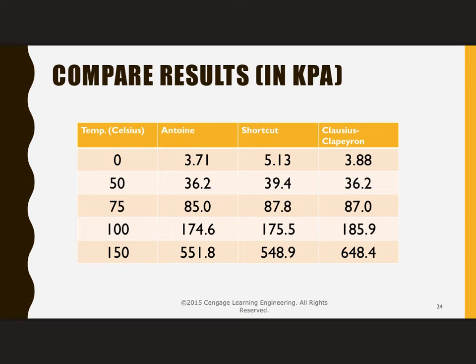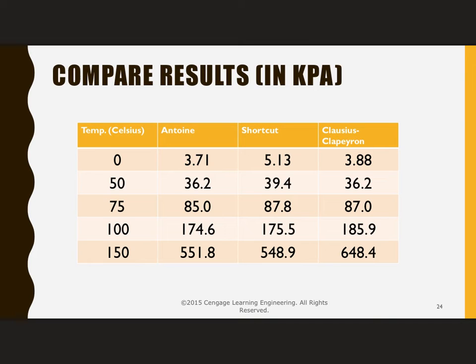At 75, Antoine is 85, shortcut is 87.8, and Clausius-Clapeyron is 87. At 100, Antoine is 174.6, shortcut is 175.5, Clausius is 185.9, and at 150, Antoine is 551.8, shortcut is 548.9, and the Clausius-Clapeyron is 648.4.